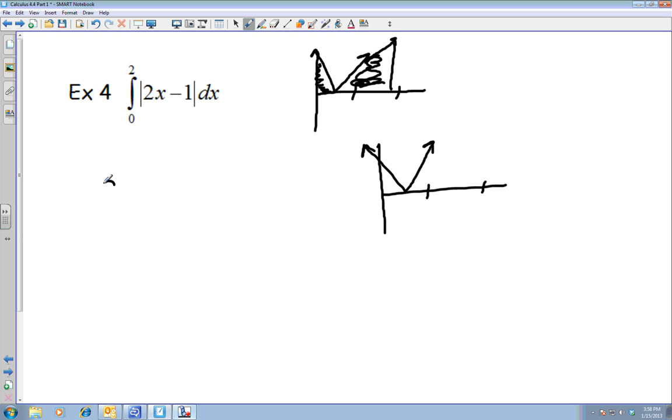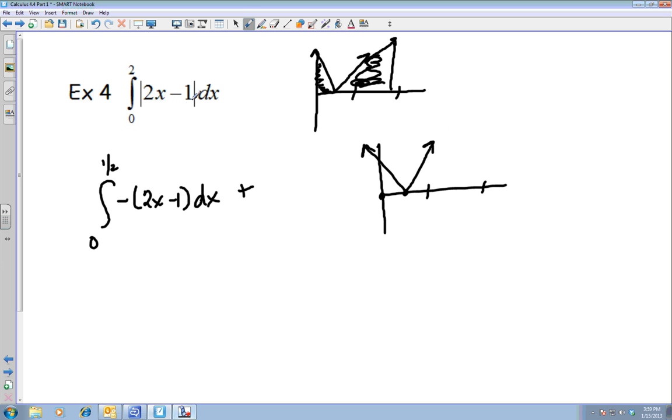So here's my first one. From here to here is 0 to 1/2, so I'm going from 0 to 1/2. And this equation is 2x minus 1, but it's negative because my slope is negative. Do you see that the slope of that is negative? So it's negative (2x minus 1), plus the rest of this.